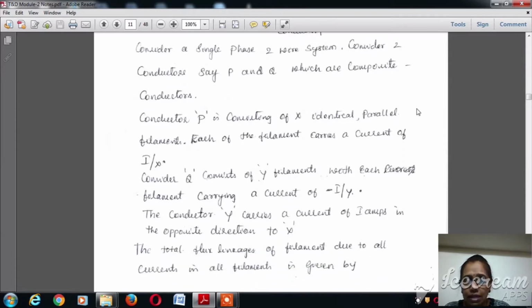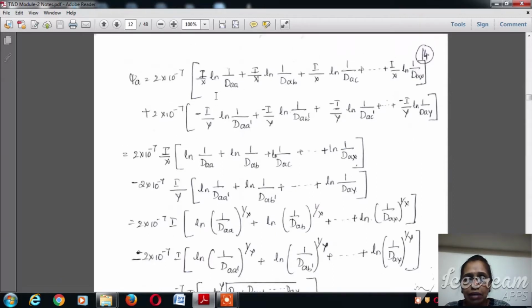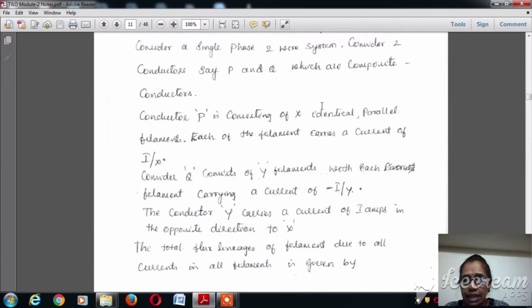Now the total flux linkage in filament A due to all the currents in all the filaments is given by psi A is equal to 2 into 10 to the power of minus 7 into I divided by X ln 1 over dAA plus I divided by X ln 1 over dAB.